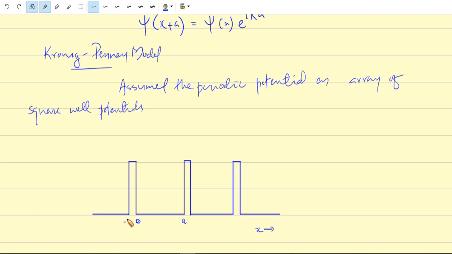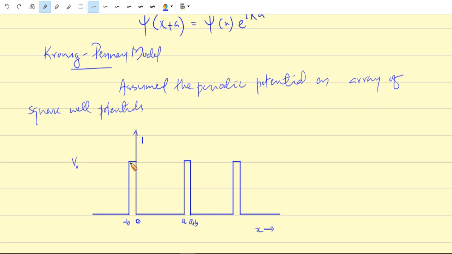Therefore, this position is minus B, and this is A plus B. This is A, this is 0, this is minus B. And on the y-axis we have potential, and the potential in the barrier is V equal to V0.